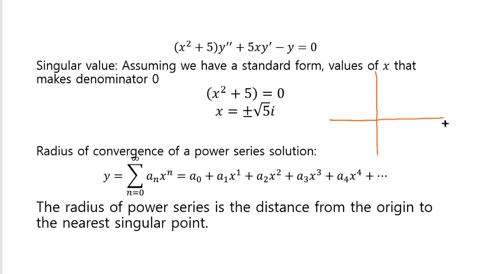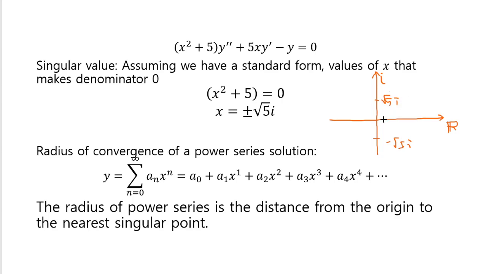Here's the real number line, and here's the imaginary axis, and that gives you a complex plane. Over here there's the positive square root of 5 i, and there's another one, negative square root of 5 i. They are actually equal distance to 0, so you can't say which one's closer. In that case, just choose one of them. So let's say this one.